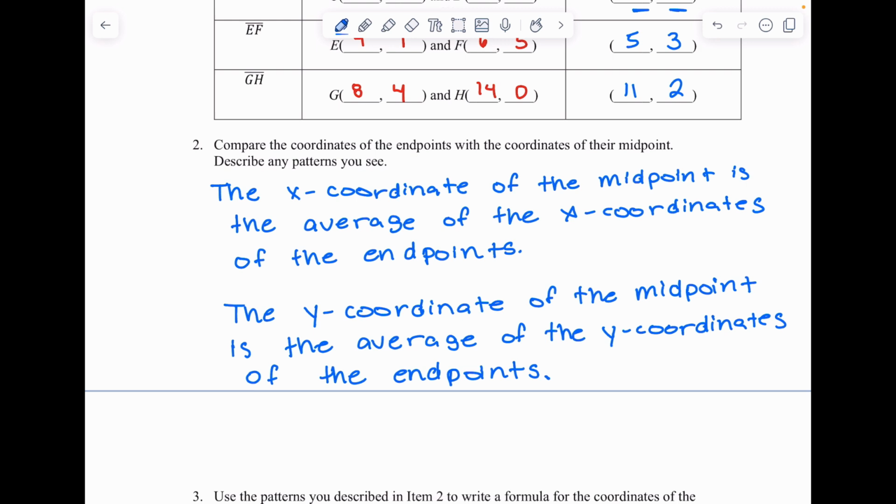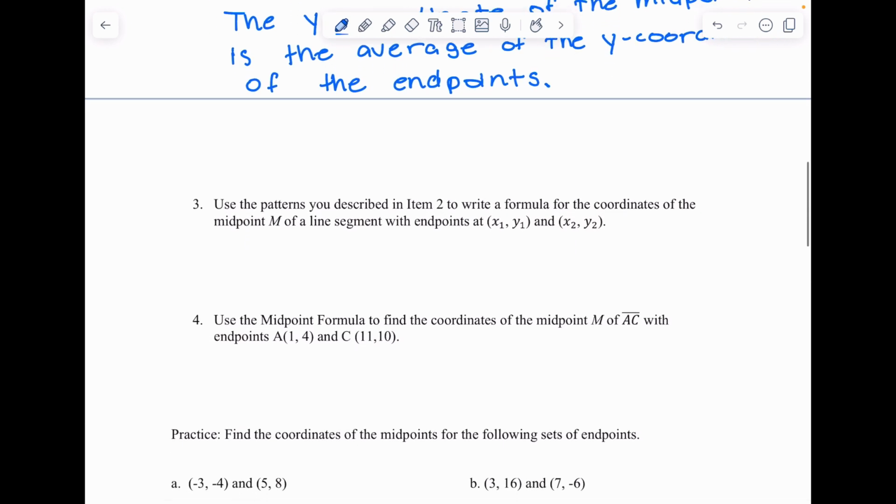So in order to find the coordinates of the midpoint, we are going to take the average of the x and y coordinates of the endpoints. In order to take the average, we add the two values together and divide by 2. So let's write the midpoint formula.